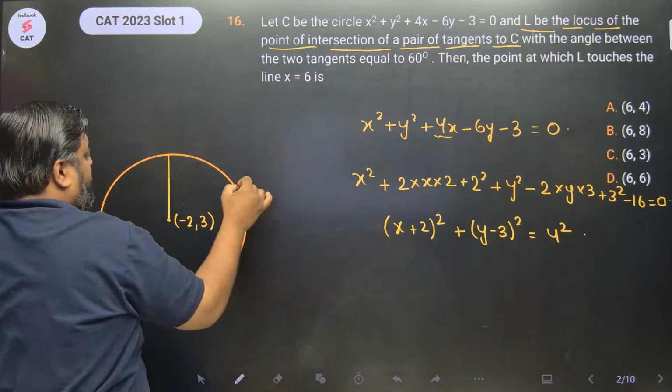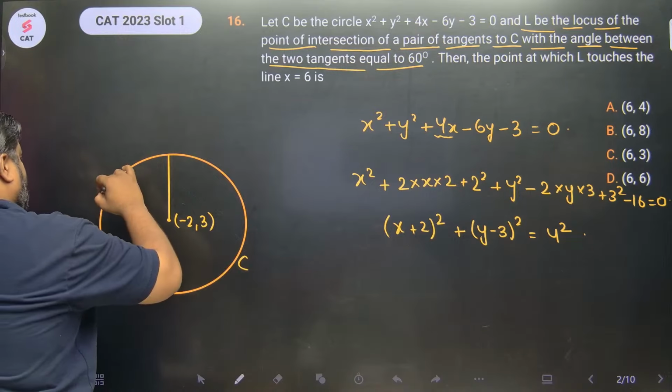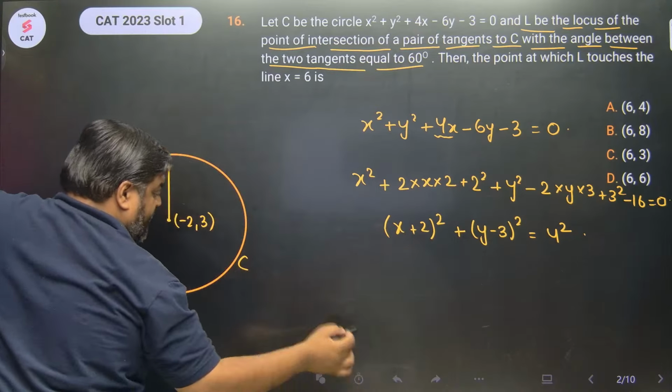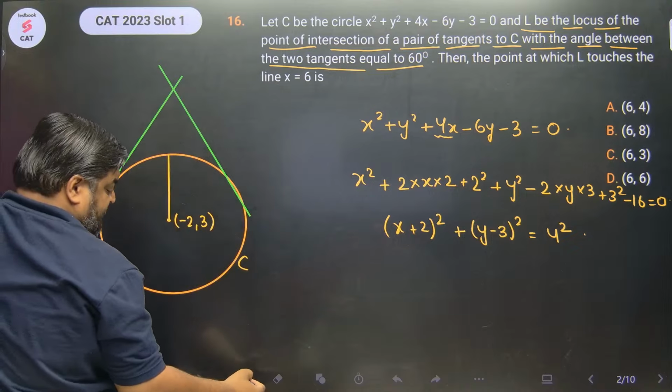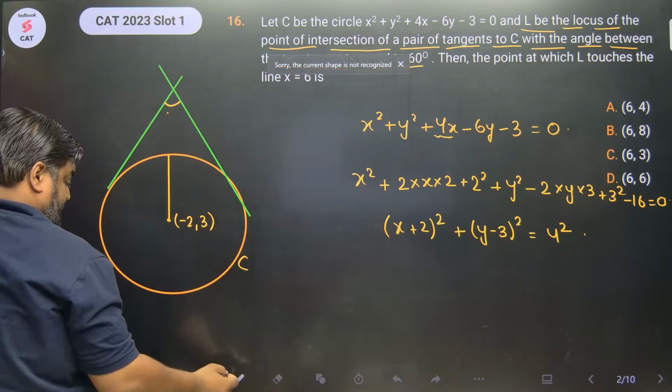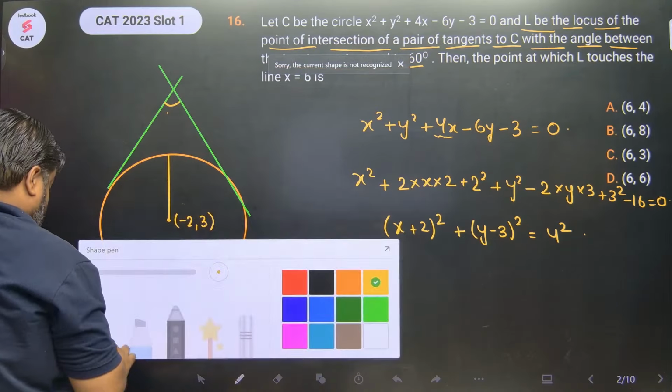Meaning you have two tangents. Let's say for example this is a tangent, the pair of tangents, and the angle between them is 60 degree.